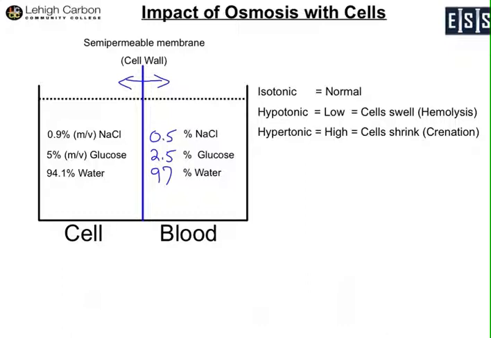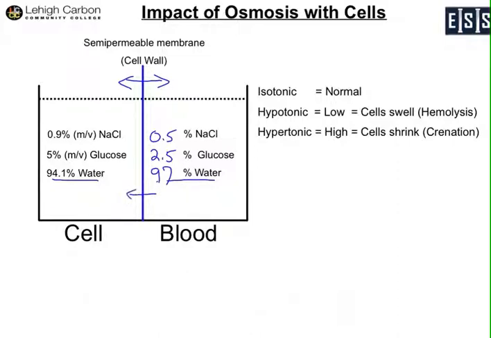The remainder is water. So what happens here with osmosis, since only water can pass across this cell wall in the membrane? You look at your water concentration on the left inside the cell, it's about 94%. And on the right you have 97% water. So it's higher, and the higher concentration of water is going to try to equalize with the lower.